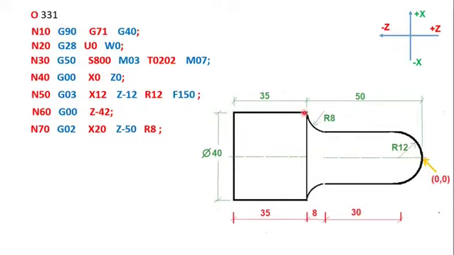So Z is minus 50 because it is in the left side direction from here. And R is 8. So it will do this operation, then the tool will finish its work and move to machine zero. Then the spindle will switch off, coolant will switch off, and the program will end.